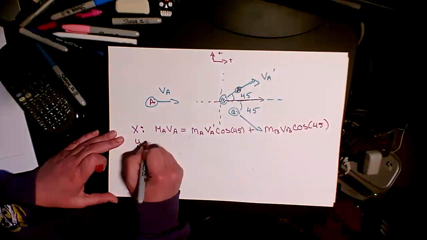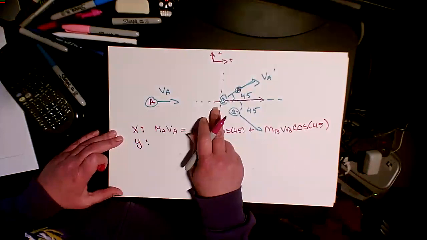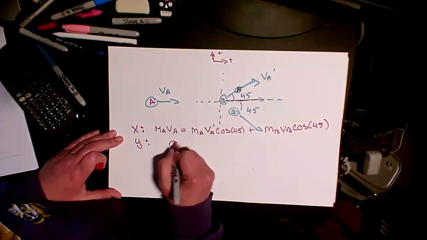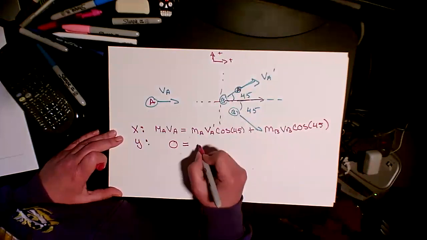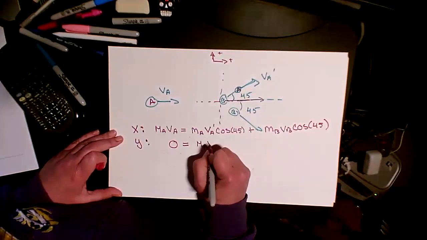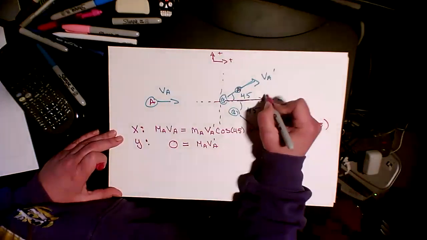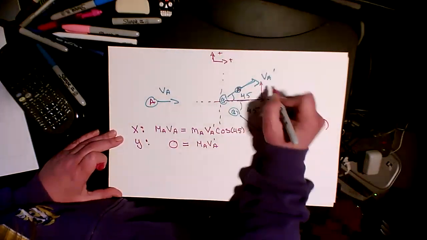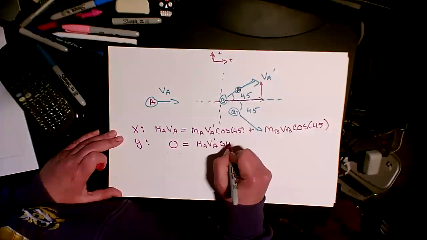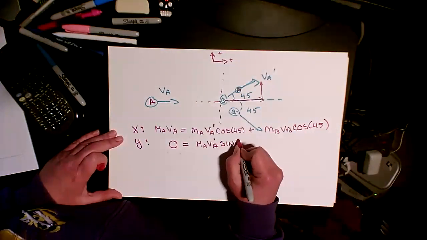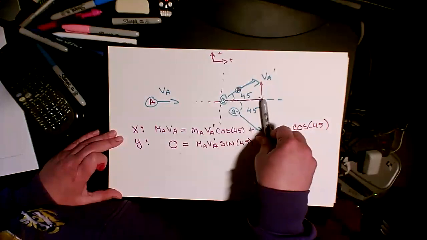In the Y, well, gosh, I have nothing in the Y. This thing is completely on axes. So I have 0 equals, now what's happening over here? I have mass A, V prime A, times, well, this piece going up would be in the positive direction as I've defined it. So positive sine of 45. This one is going down.